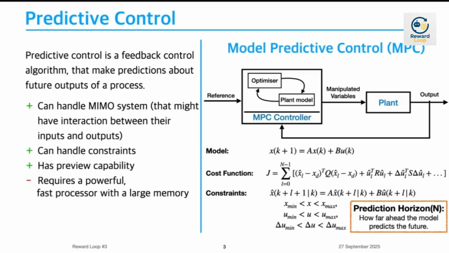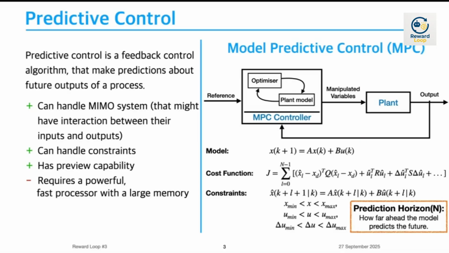The length of the optimization problem varies based on a term known as the prediction horizon. You can see the cost function is summed over l equal to 0 to N minus 1, where N is the prediction horizon, which tells the length of the vectors over which MPC is going to optimize the future trajectory.